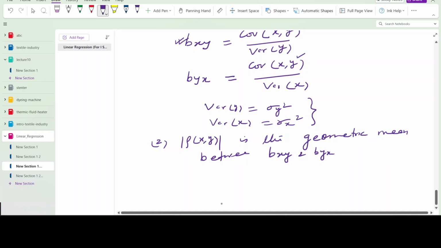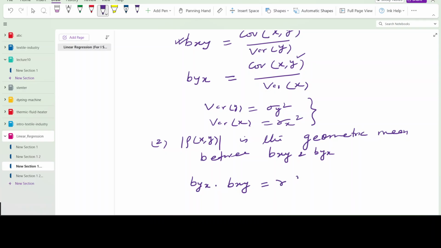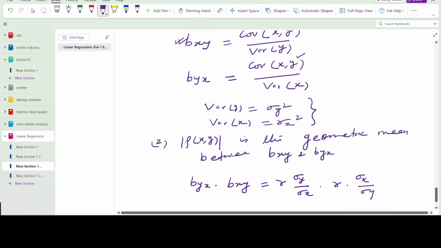You can find it out. byx into bxy is equal to r sigma y by sigma x into r sigma x by sigma y. This will be r square.